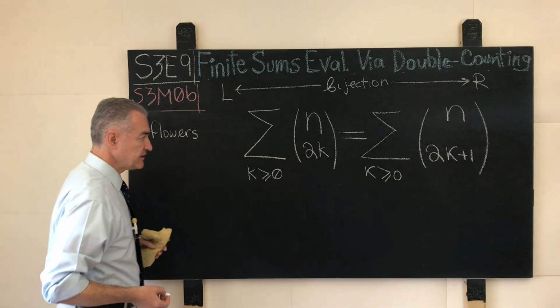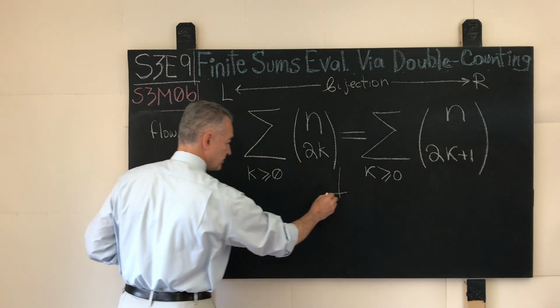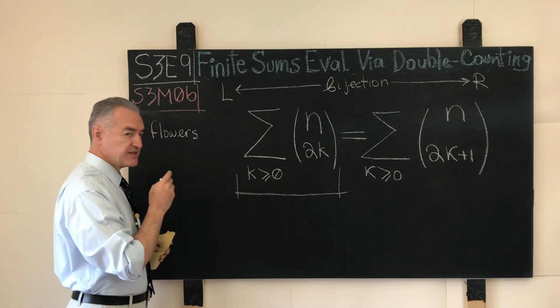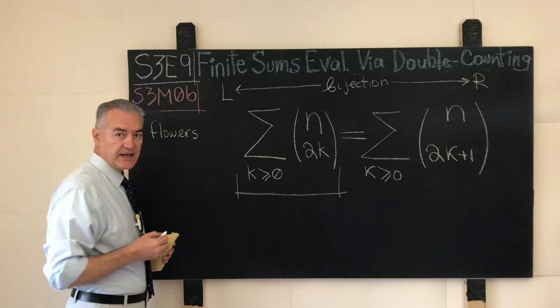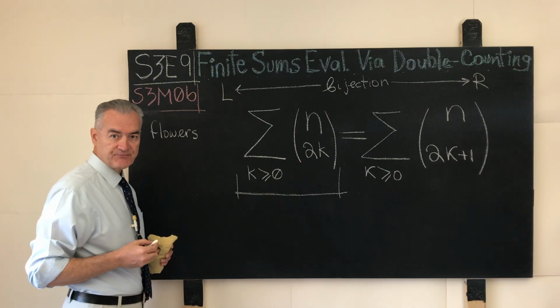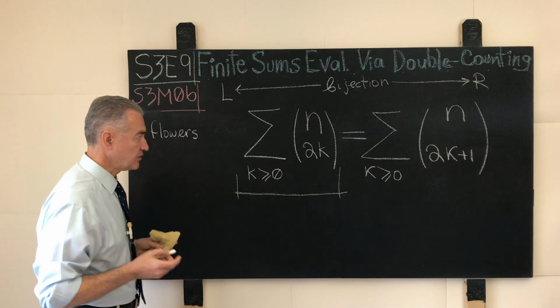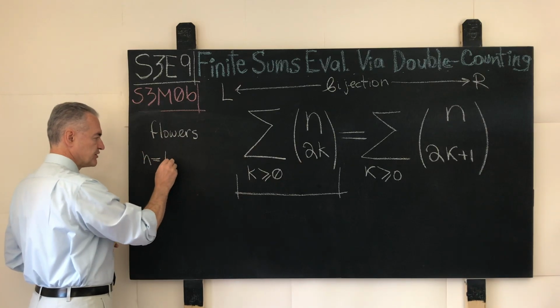Consequently, in this case, we interpret the left-hand side of the given combinatorial identity as the size of the set of bouquets, each of which has an even number of flowers. For example, let's say n, for demonstration purposes, will be equal to 6.